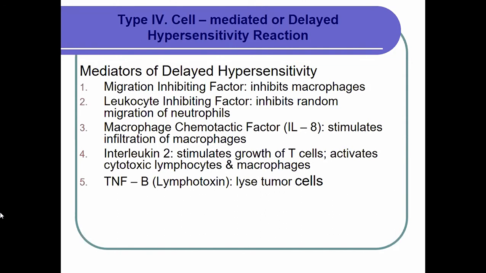Then we have interleukin 8, known as the macrophage chemotactic factor. And interleukin 2, which stimulates the growth of T cells and activation of cytotoxic lymphocytes and macrophages. Then we have tumor necrosis factor beta, which is responsible for the lysis of tumor cells.